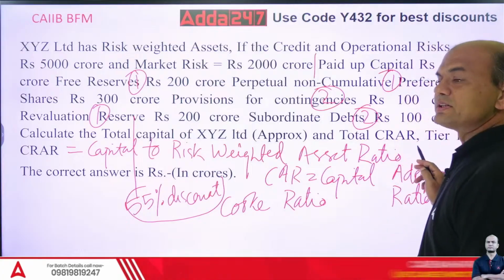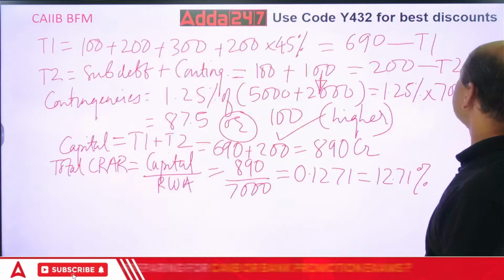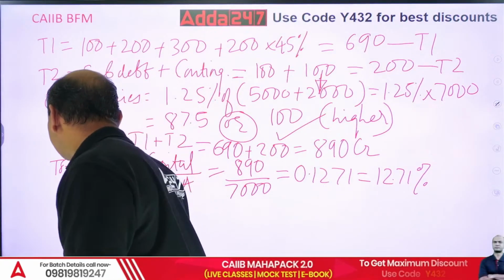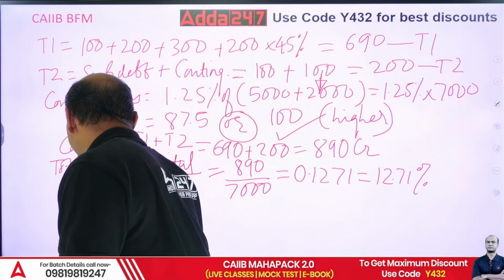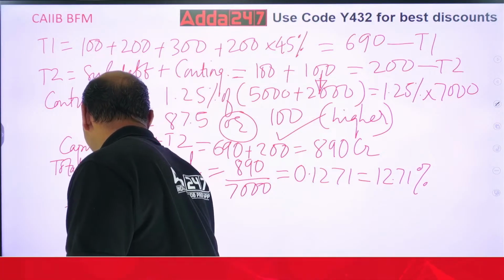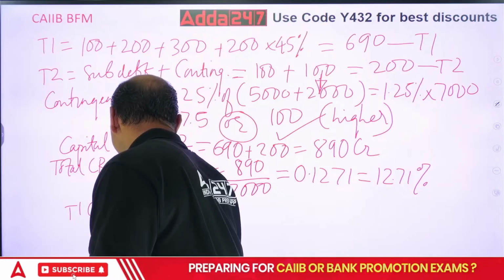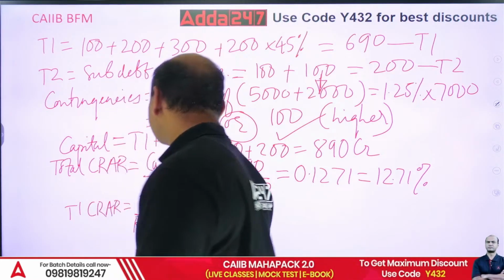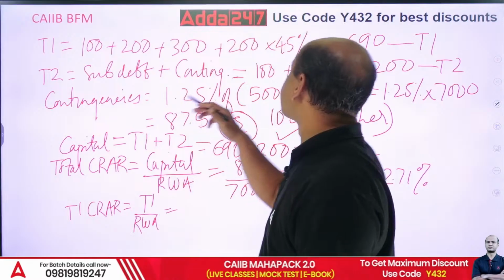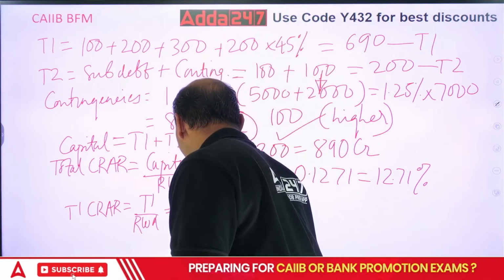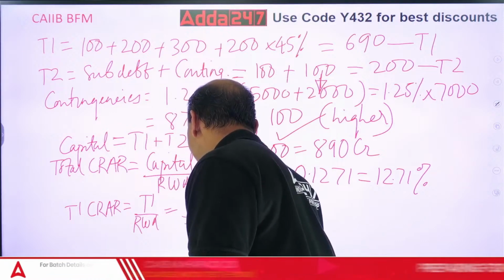So now Tier 1 CRAR is what? It is a similar way you have to find out. Tier 1 CRAR equals Tier 1 capital upon RWA. What is Tier 1 capital? 690. 690 upon RWA, same, 7,000.